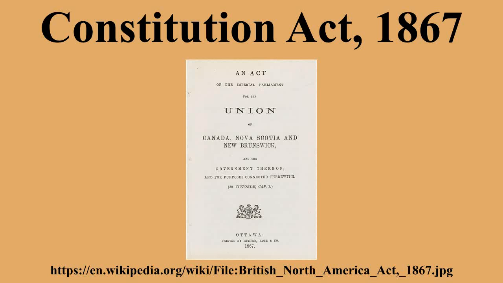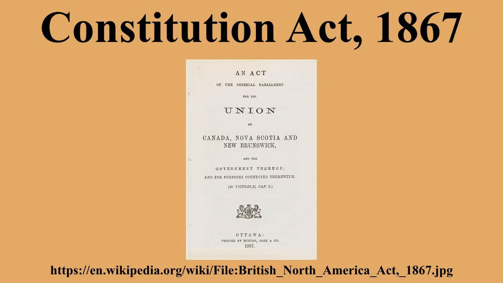Criminal Law. Section 91 gives Parliament the power to make law related to the criminal law, except the constitution of courts of criminal jurisdiction, but including the procedure in criminal matters. It was on this authority that Parliament enacted and amends the Criminal Code.